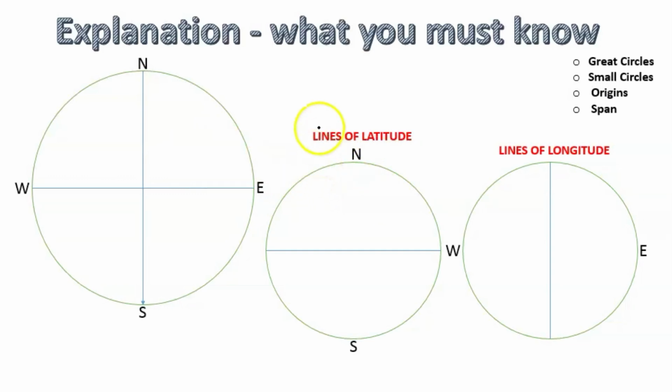We identify lines of latitude by north or south. So when you see an angle, for example, 45 or 42 degrees north, or 36 degrees south, this north and south is one of the things that will help you identify that this particular one is a latitude line.